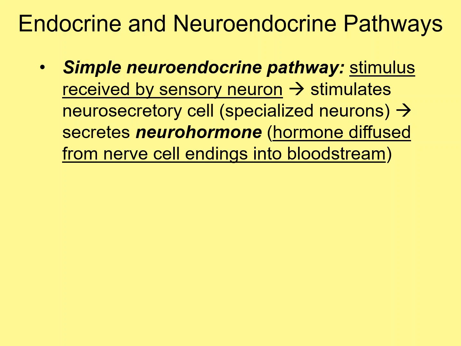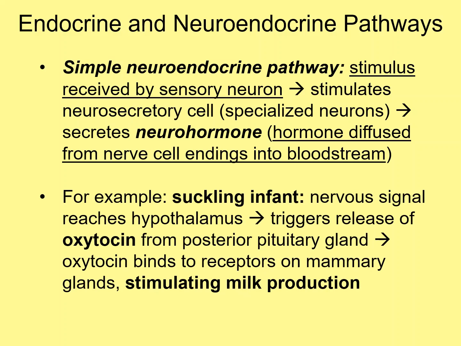That specialized neuron then secretes what's known as a neurohormone, which is basically just a hormone produced by a nerve cell into the bloodstream, or into another gland, such as in the case of the hypothalamus. So this is one other reason I put oxytocin in. It's a good example of a neuroendocrine pathway.